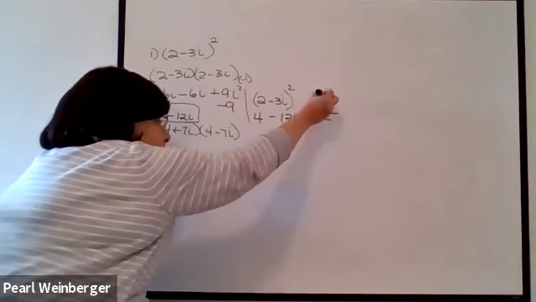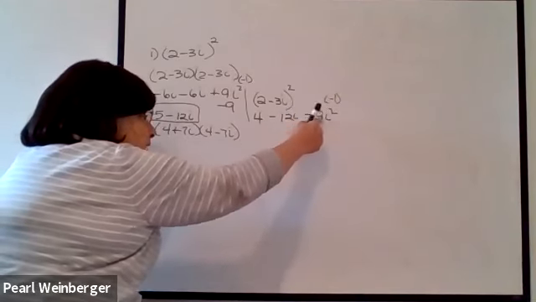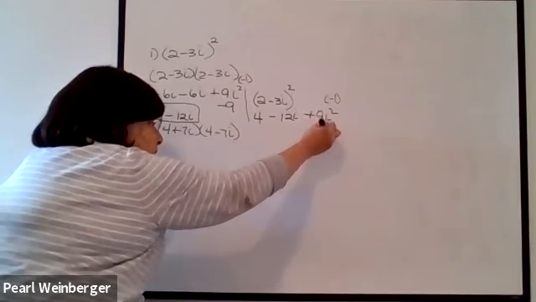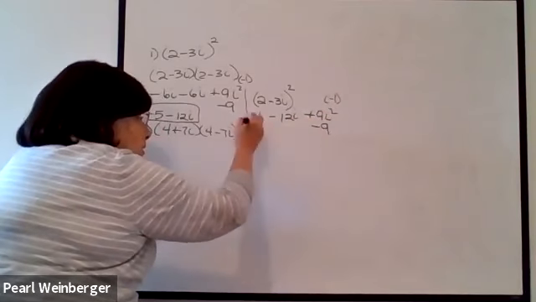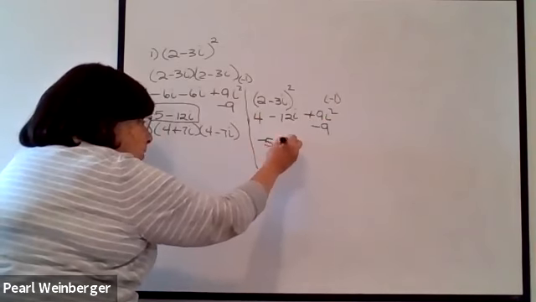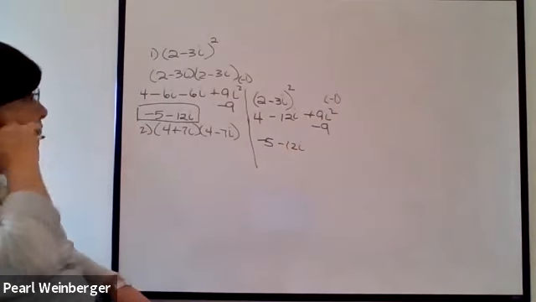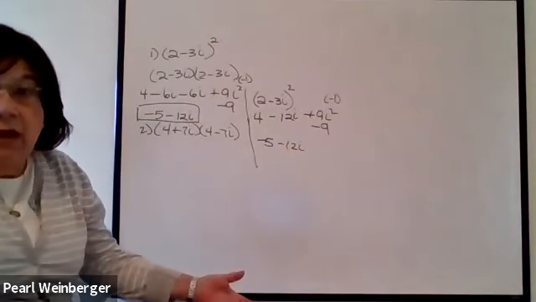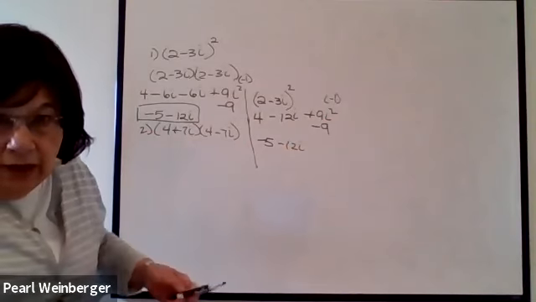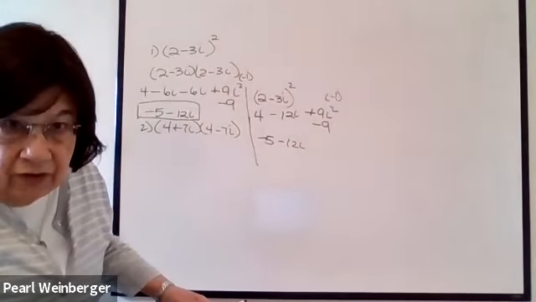And again, i squared is your negative 1, and now it finishes the same way. 9 times negative 1 is negative 9, so you have 4 minus 9, which is negative 5, and minus 12i. It's a little bit faster. Whichever way you prefer doing it, you get the exact answer. The answer for that first one was negative 5 minus 12i.